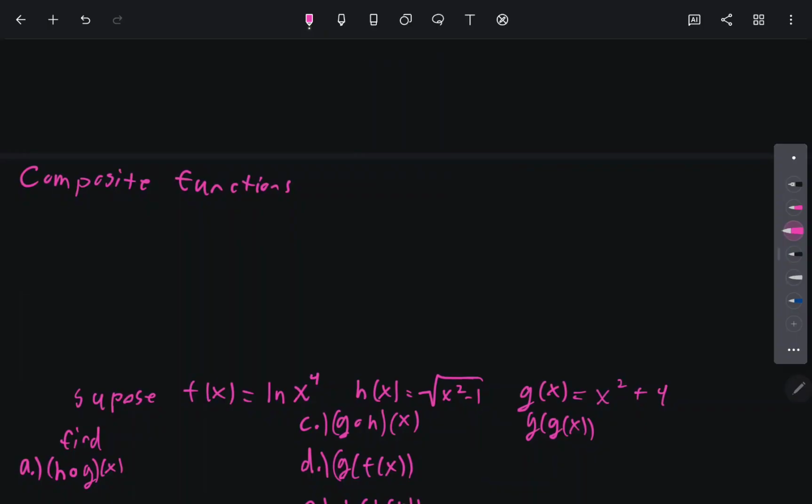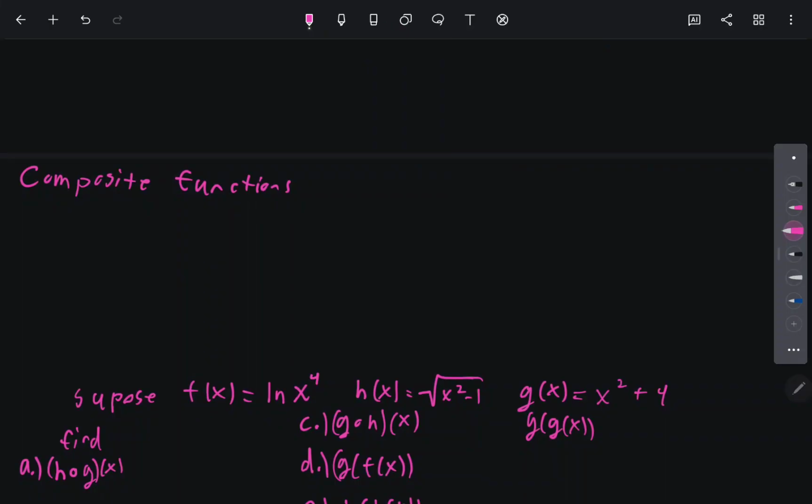Continuing on, we have a very unique topic. Composite functions. Composite functions are very unique. And I say that because this is the part where functions might be able to get domain restrictions, even if they didn't have them before.